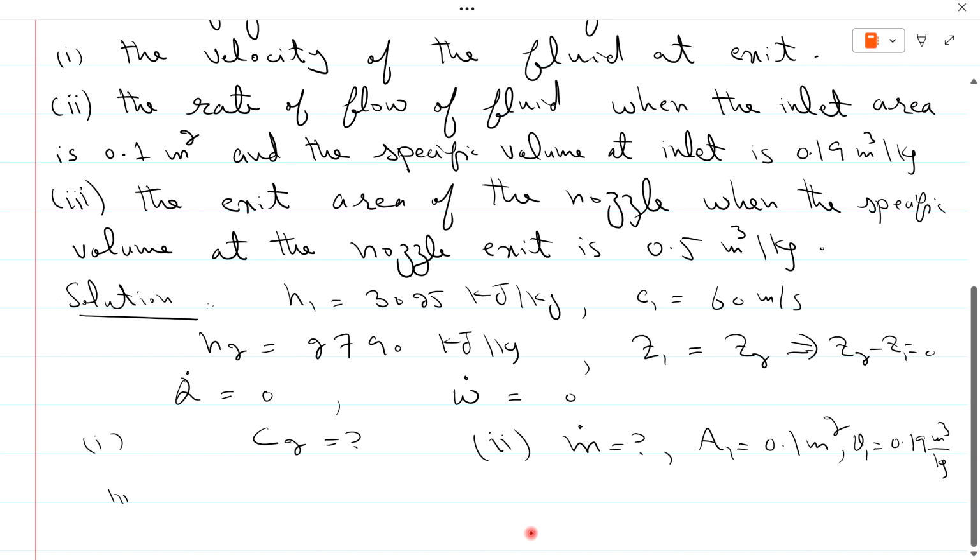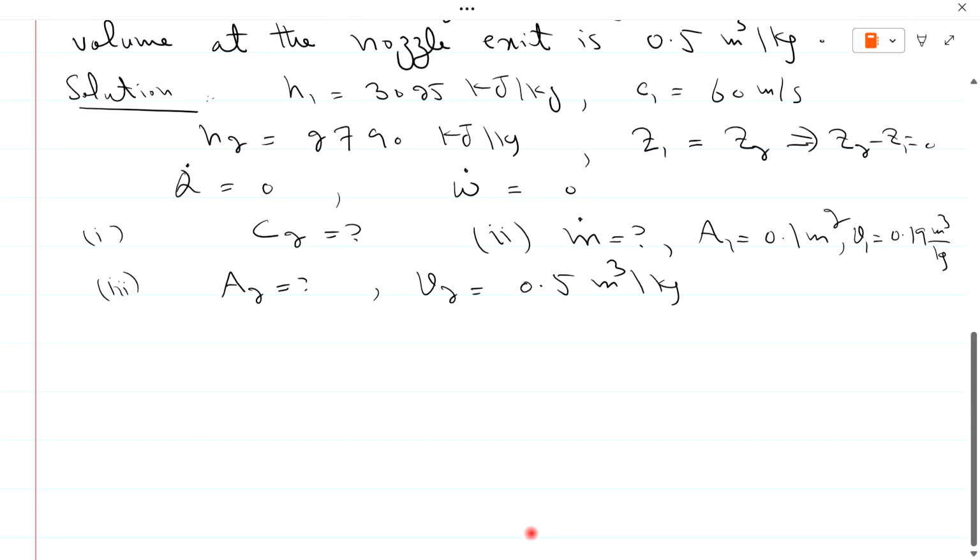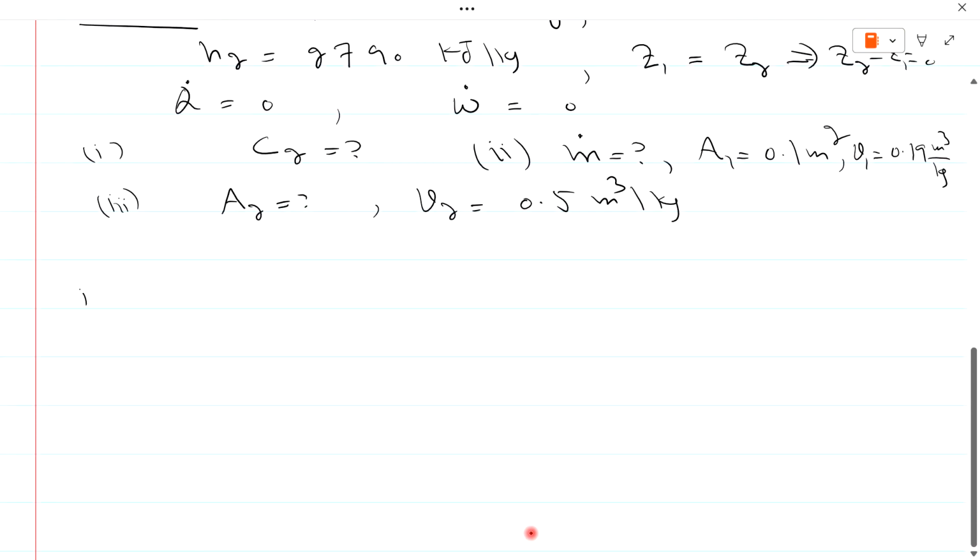And in part number 3, find the exit area of the nozzle, A2, when the specific volume at the nozzle exit, V2, is equal to 0.5 meter cube per kg. Now first we solve part number 1.